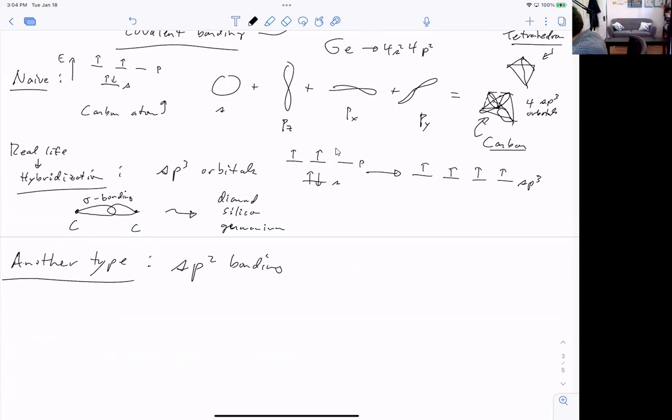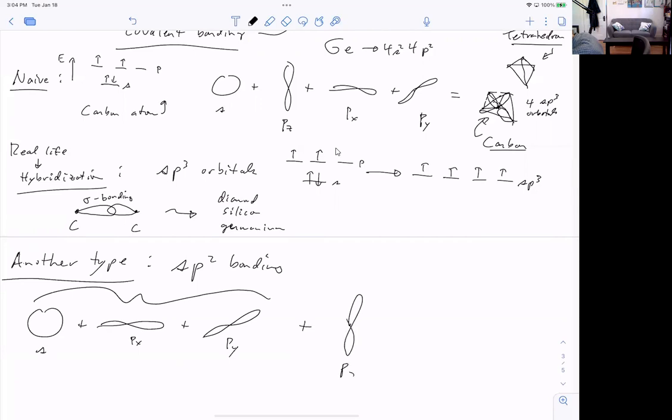And so for sp2 bonding, what happens is that you get the s orbital and the px orbital and the py orbital, and they squish together. And there's the pz orbital. And they squish together into this, and you end up getting, it's really a triangular arrangement.